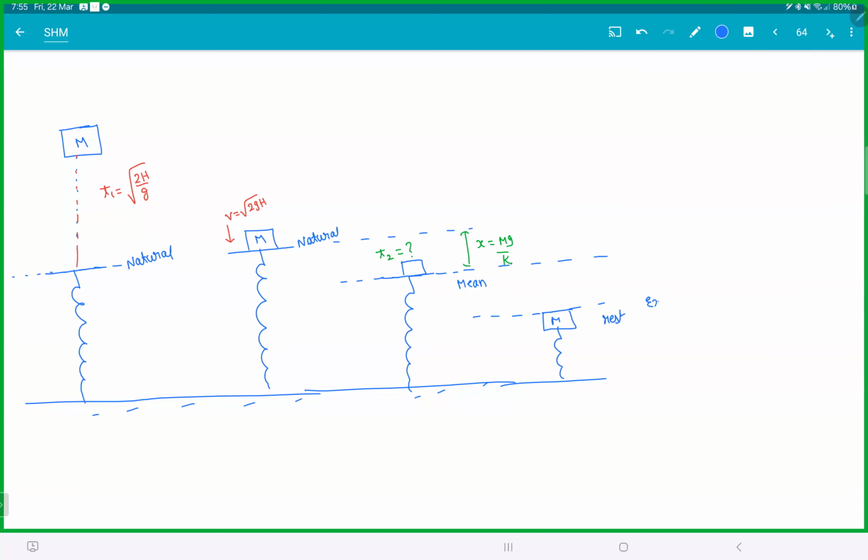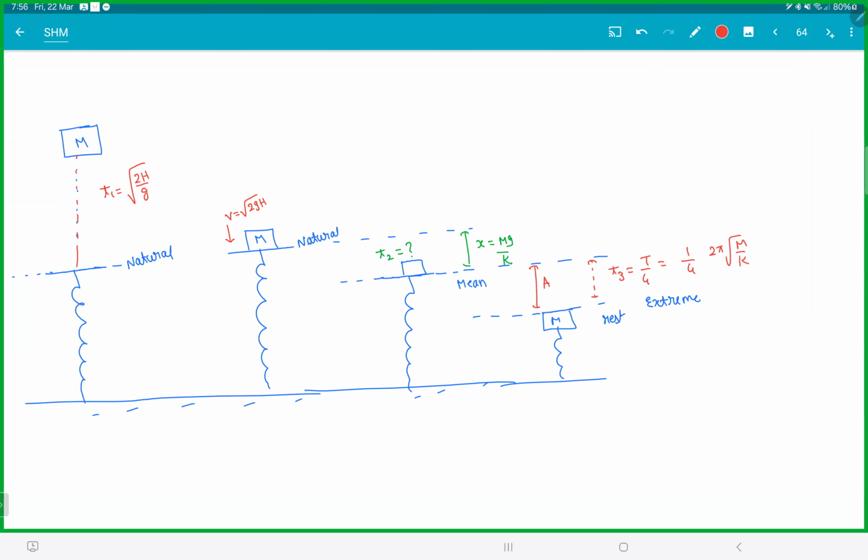This is your extreme position. This would be your amplitude, and this time would be t3, which is T by 4, which is 1/4 of 2 pi root over m by k.